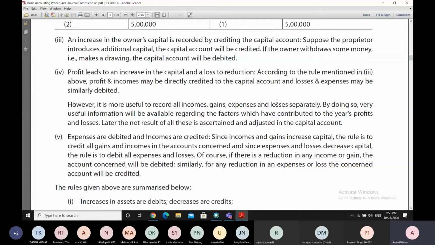So by keeping a separate record, we'll have very useful information about the reasons for more profit or more losses of that year. Later on, from these separate accounts, we can get the net result and adjust it into the capital account.